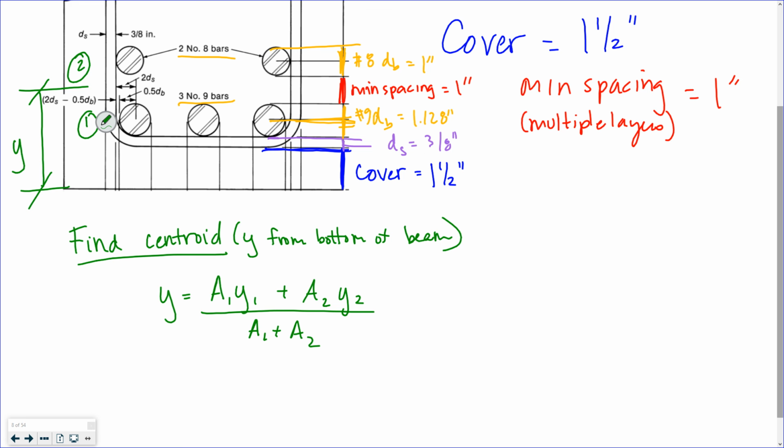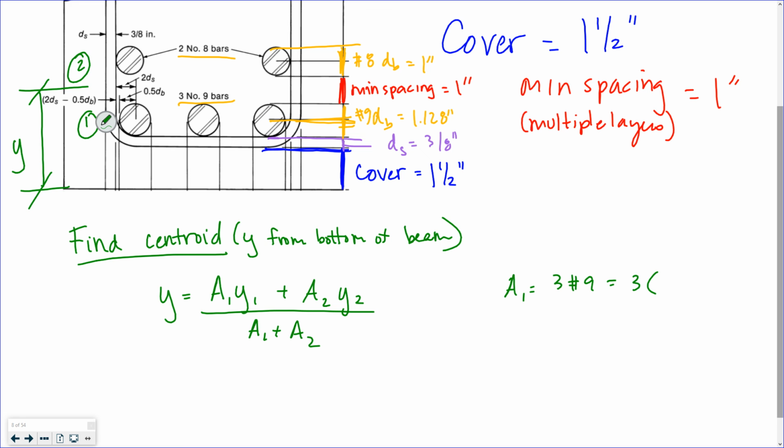So let's see. Area of layer 1. I have 3 number 9s, right? We'll just write over here. Area 1 is 3 number 9s, so 3 times, I think that's a square inch.